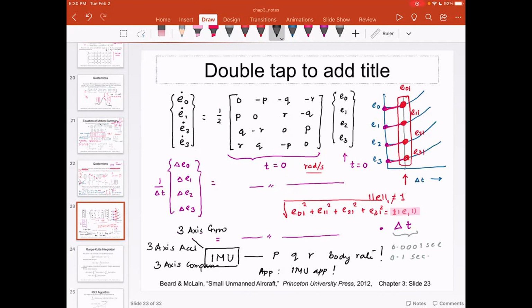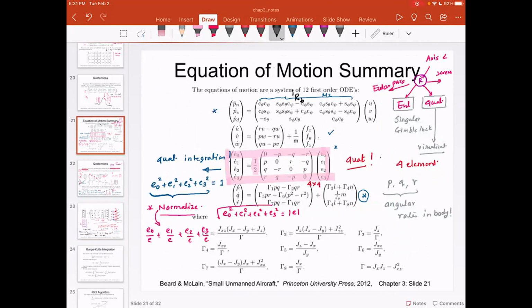Now, P dot, Q dot, R dot are the angular accelerations. Quick recap: if you look at the equations, once again, these come from the equation T equals I alpha, so you have alphas here, and the other equation comes from F equals MA.